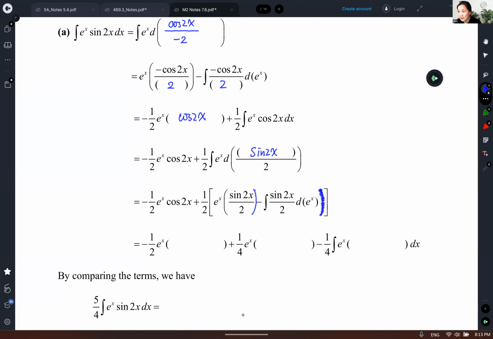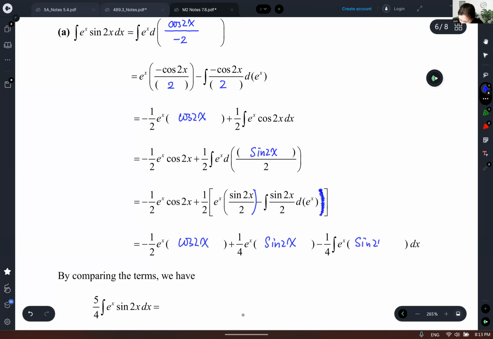And then this one, if I open the bracket, I will have -1/2 e to the power x cosine 2x. And this one, I have 1/4 e to the power x sine 2x. And this one, I have -1/4 the integral of sine 2x e^x dx.